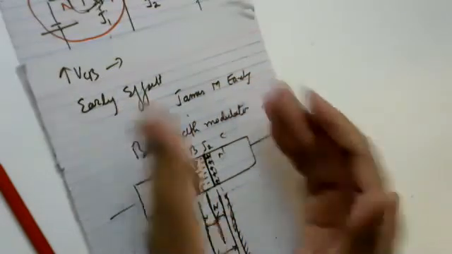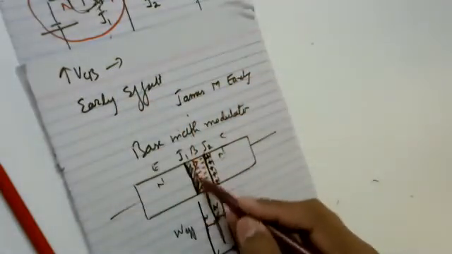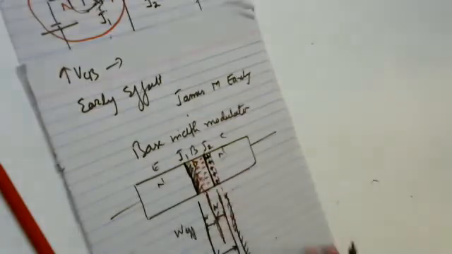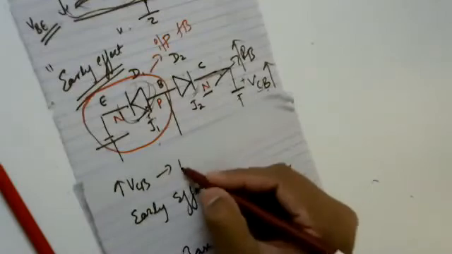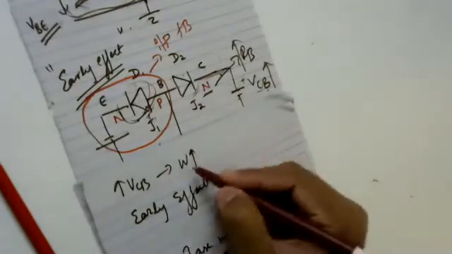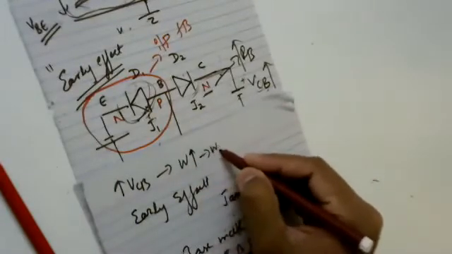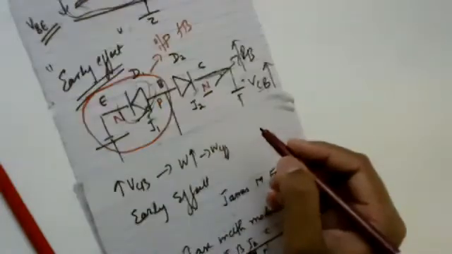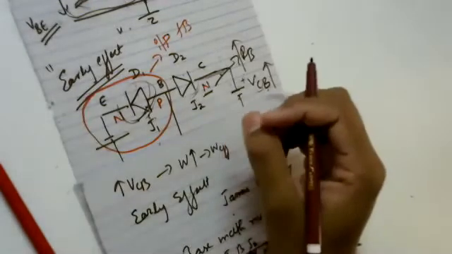If W is increasing, what is happening to this region where it was a free, mobile region? So since VCB is increased, W is increased. Since W is increased, what is happening to your W effective? Yes, I want an answer from your side in the group chat so that I'll be able to understand that you have been observing my interaction.